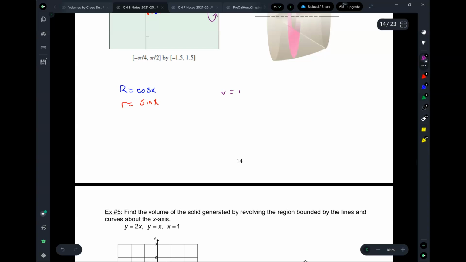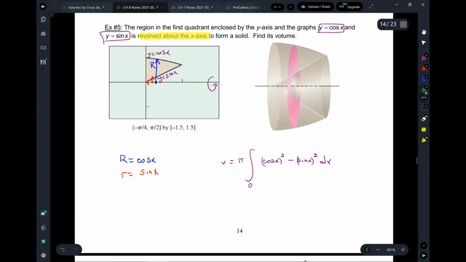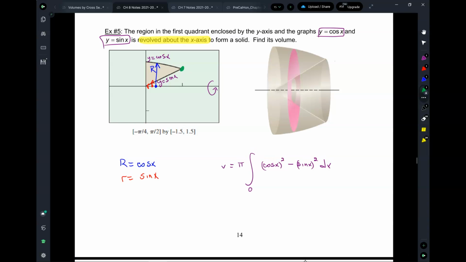Volume is pi big R squared minus little r squared dx, and it goes from 0 to the point of intersection, this green dot. You have to find the point of intersection.